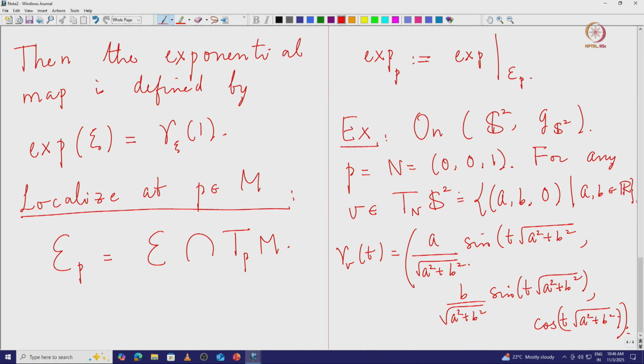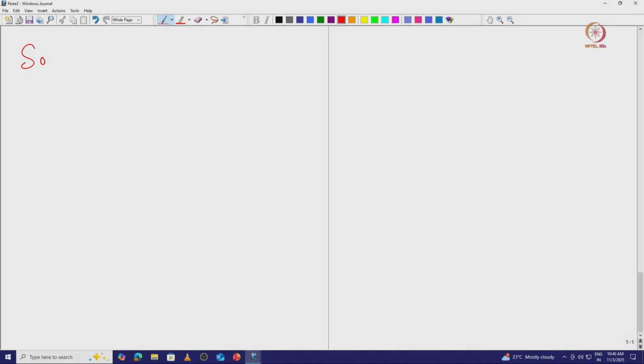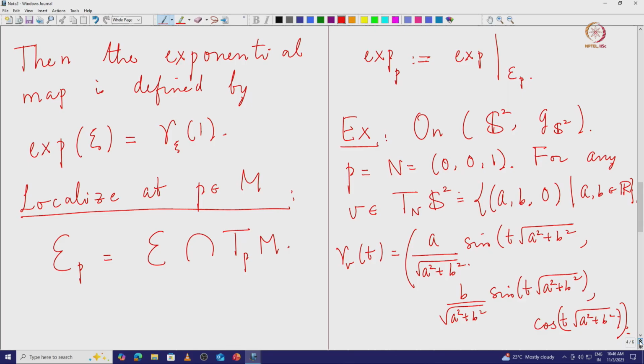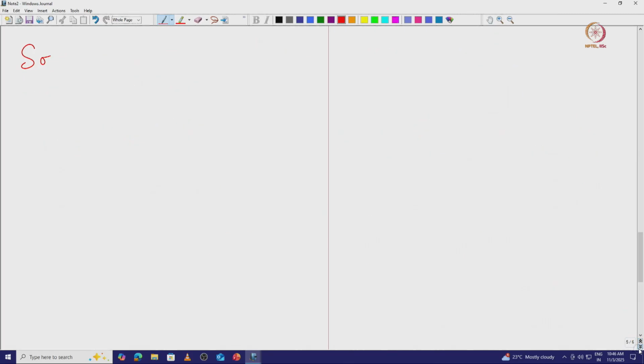All right. So then the exponential map. Clearly these geodesics last for all time. So here t could be any real number. So the upshot is that the domain of the exponential map at P is all of the tangent space, and the exponential map on V is just given by gamma V of 1.